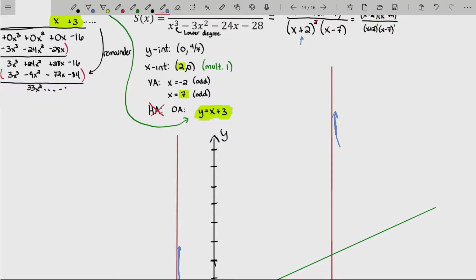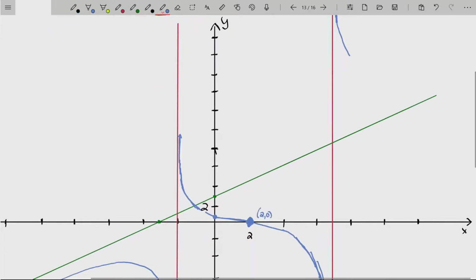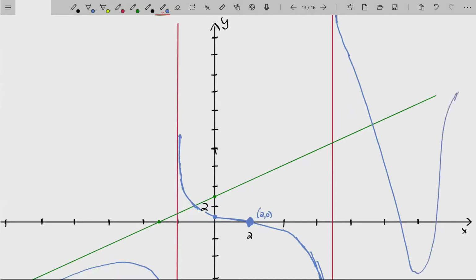And as you graph to the right, again, you have your choice. You could say it's going to cross, but again, that's a no-no for two reasons. One, you're creating an x-intercept that doesn't exist. And two, if you do that, it wants to come back up and hug that oblique asymptote, which means you're creating yet another x-intercept.